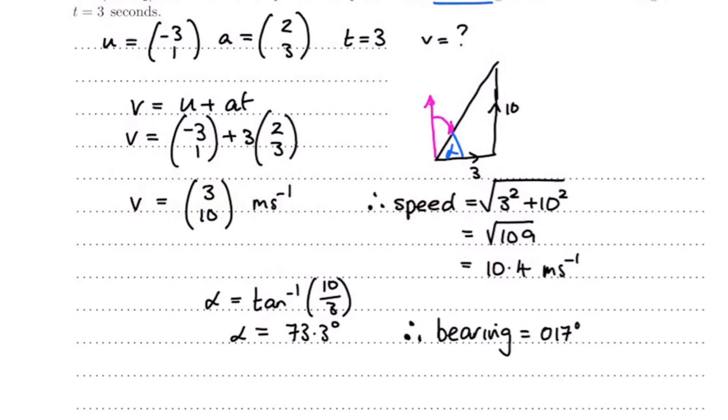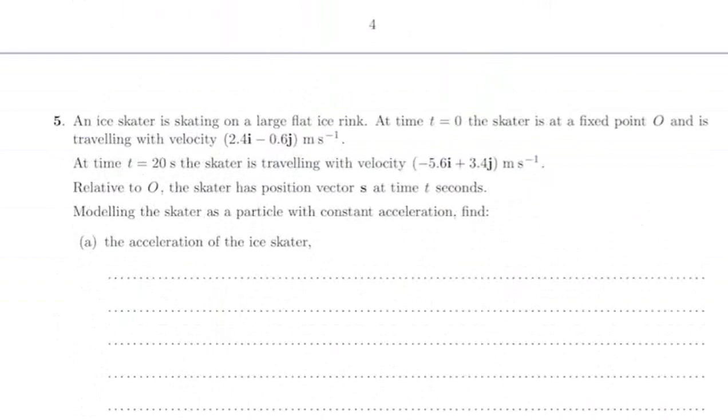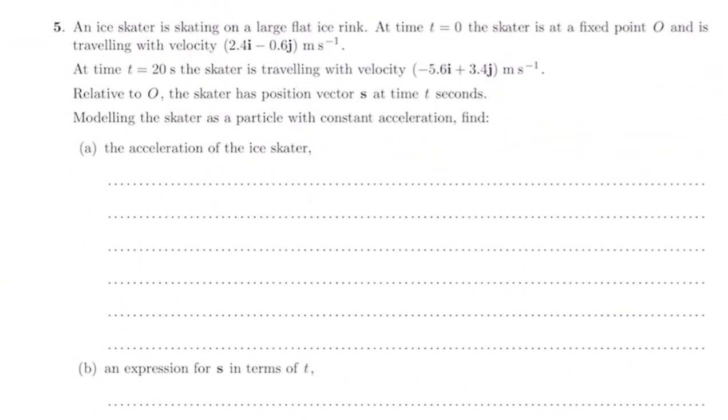Now, the next question is a context question, so let's read it together. It says, an ice skater is skating on a large flat ice rink. At time t equals 0, the skater is at a fixed point O and is travelling with a velocity 2.4i minus 0.6j.